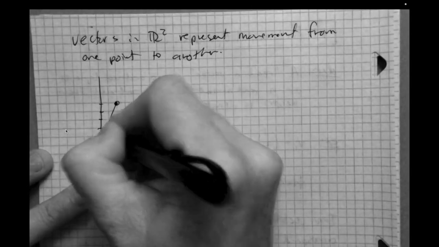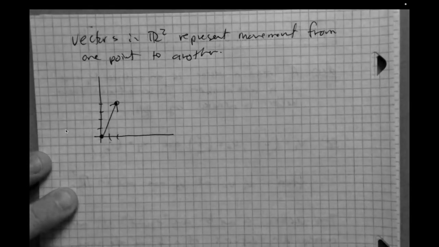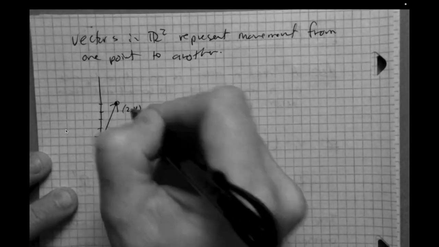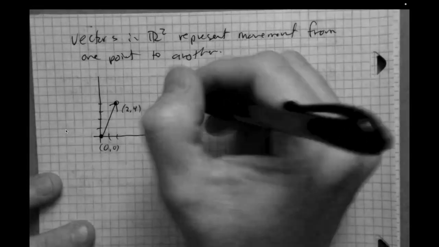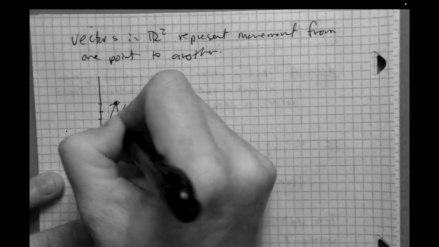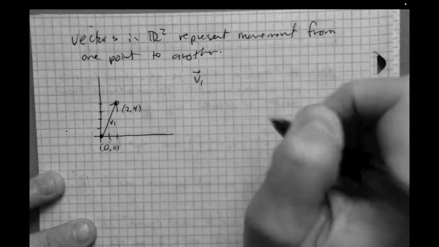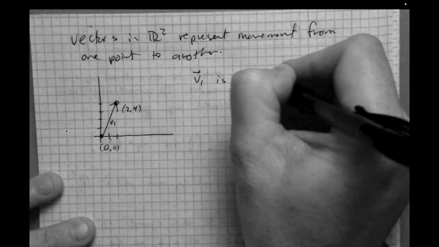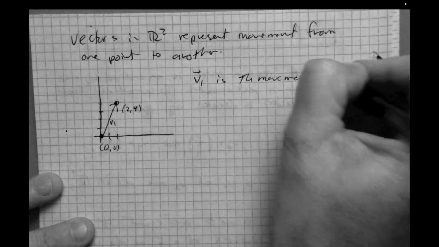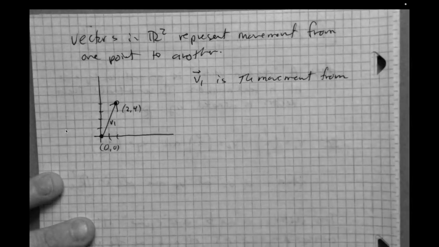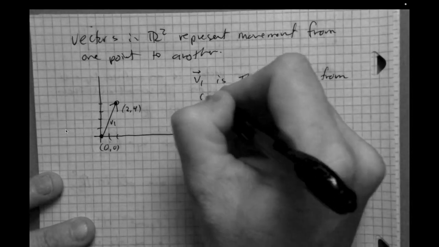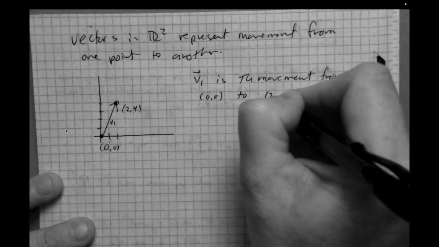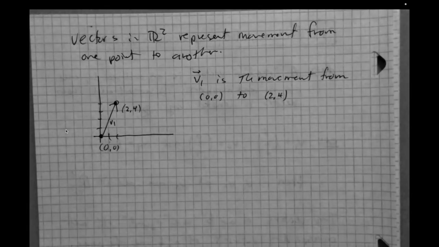So we've got this vector here. This is the point 0, 0, and this is the point 2, 4. This will be V1. V1 can be thought of as the movement from 0, 0 to the point 2, 4 in the plane.